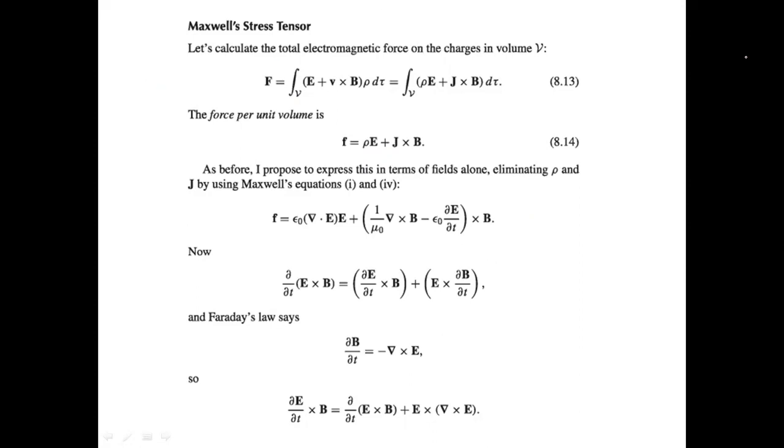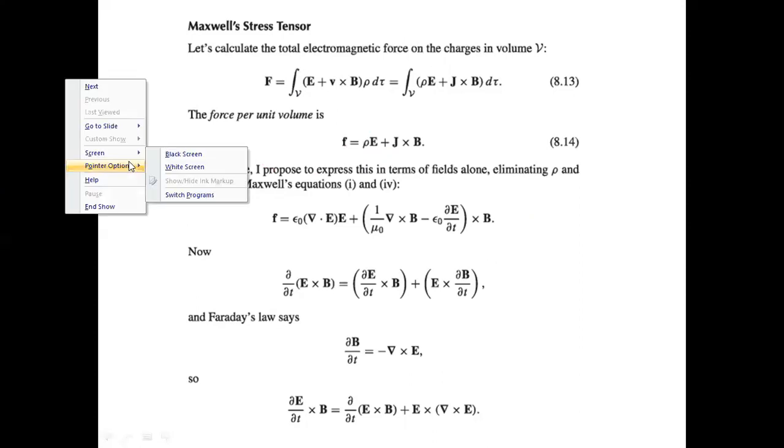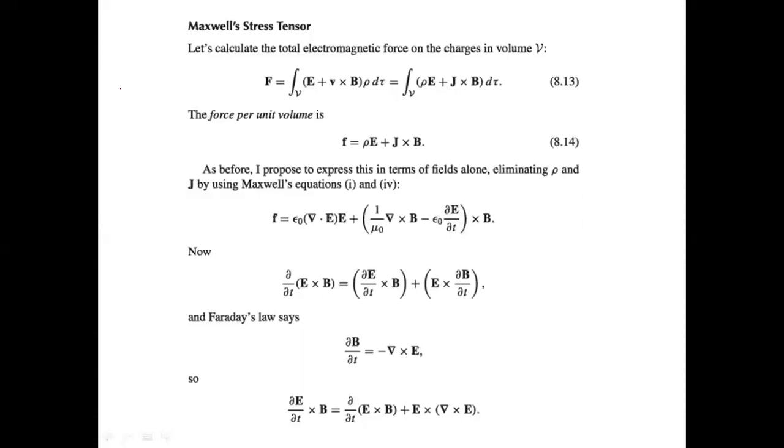Let me write it down. F is equal to QE. This is the electric field contribution to the total force, and then we have the QV cross B force.